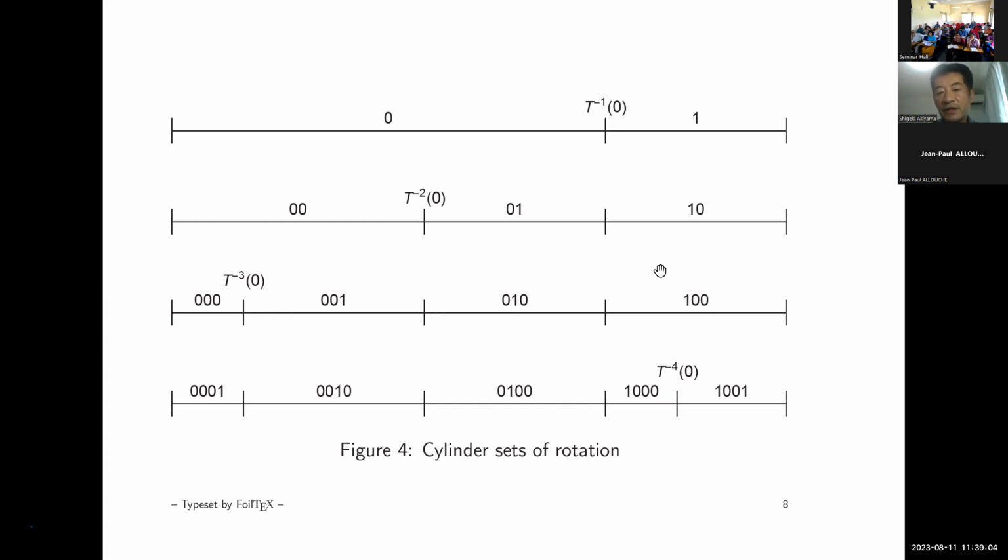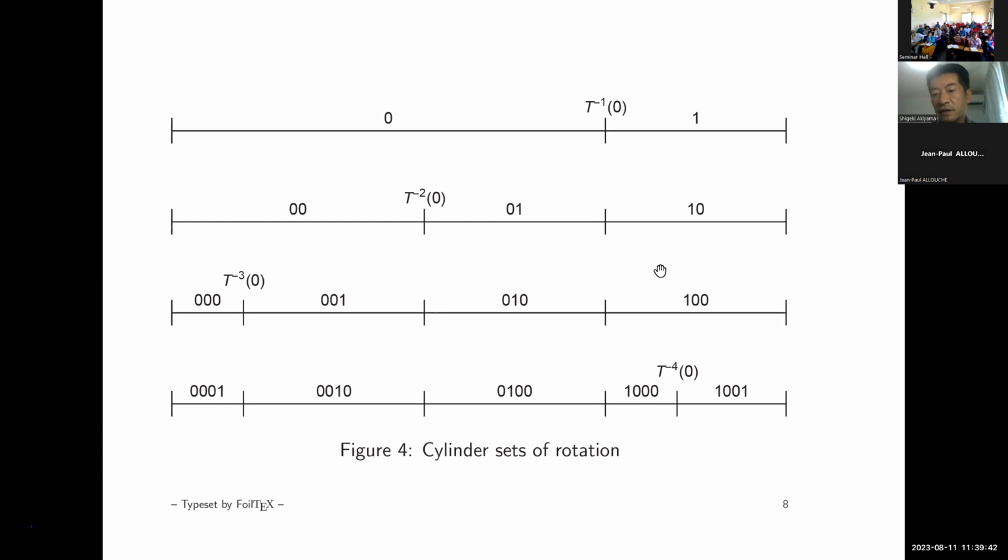But the second line, if you look at this picture, let's start with some point in the interval 0 to 1, in the middle. Then the rotation is alpha. If you rotate this point, starting from the 0, 1 interval, the initial letter is 0, but the next one is 1, because of the rotation by alpha.